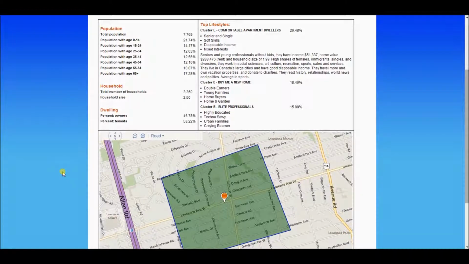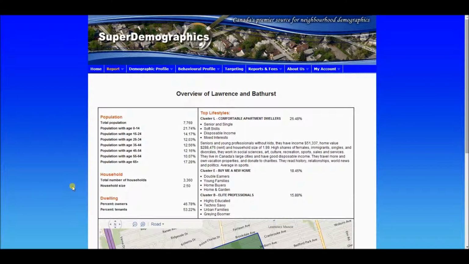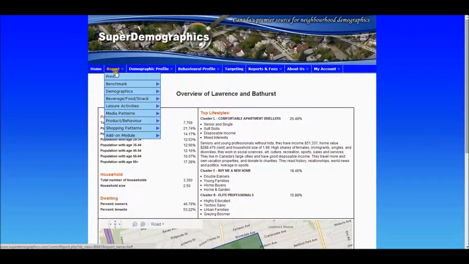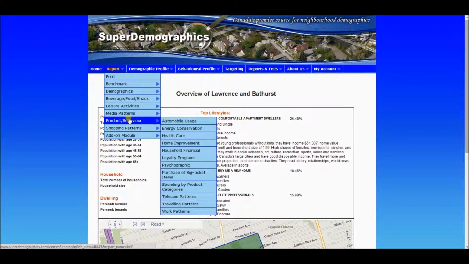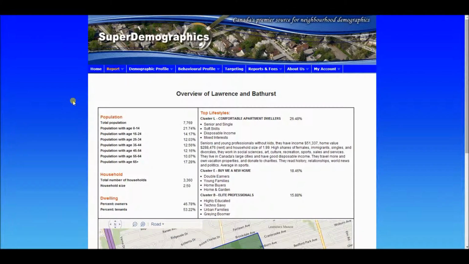However, they won't be as nicely laid out as they are here because the comparison reports don't have this particular overview page. Other than that, singular reports and comparison reports have similar functions in that you can print or check one of many categories of information for the particular trade area.